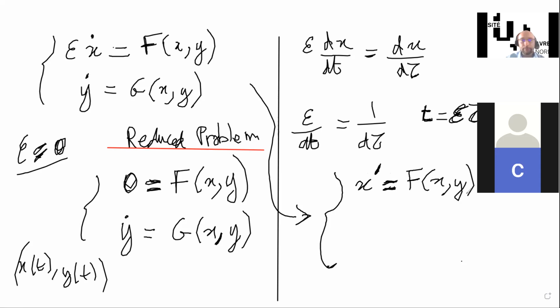And here, what do I get? Here I have dy over dt. Okay, but now I get, because 1 over dt is 1 over epsilon d tau.